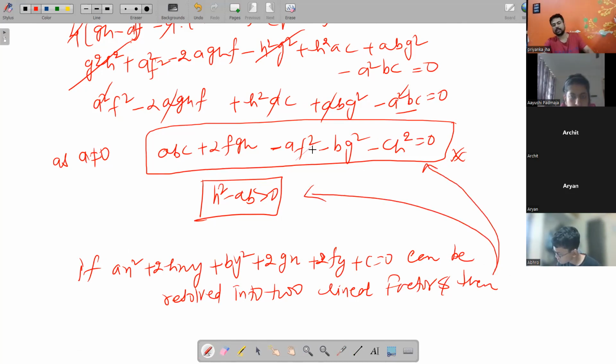Or if these two conditions hold, then only can we say that this can be factorized into two linear factors. For it to have two linear factors, both conditions must be satisfied.